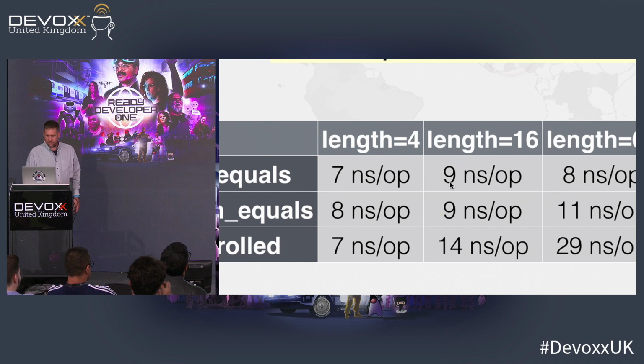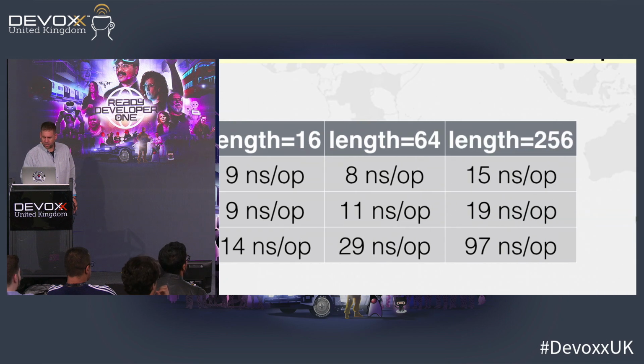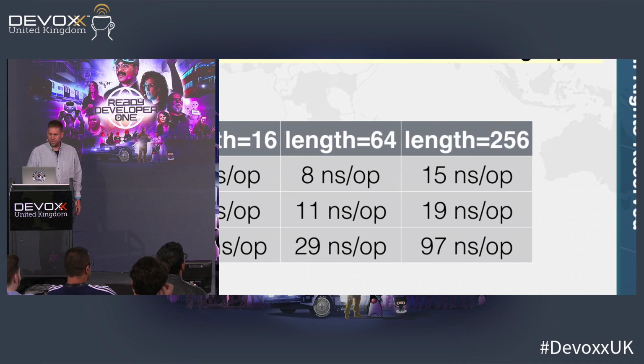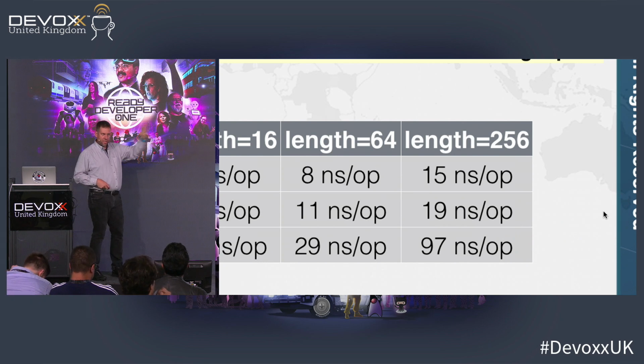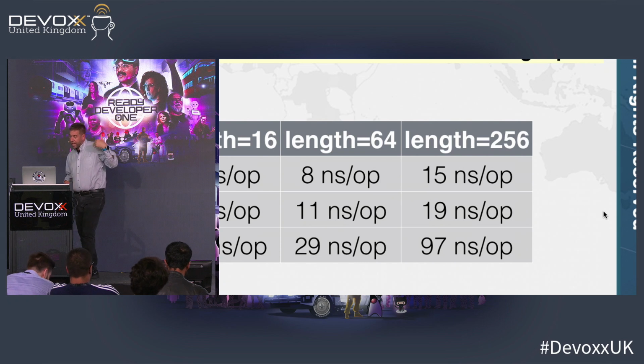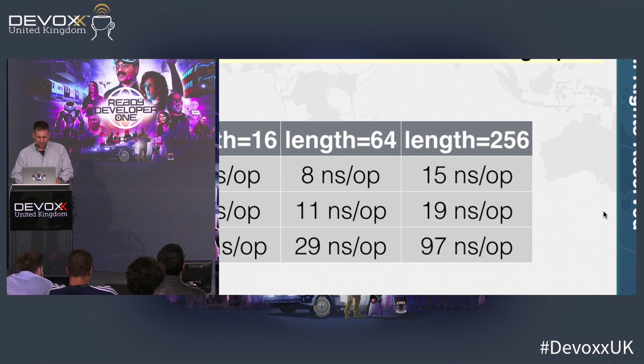you can see that doing it with normal equals and hand rolled is about the same speed. But as the length gets bigger, like length 256, all of a sudden String.equals is much faster than the hand rolled one, where you're basically copying and pasting their code and using their code. Actually, the Java code is much, much slower.